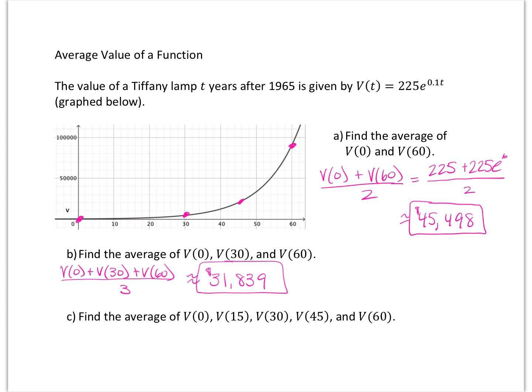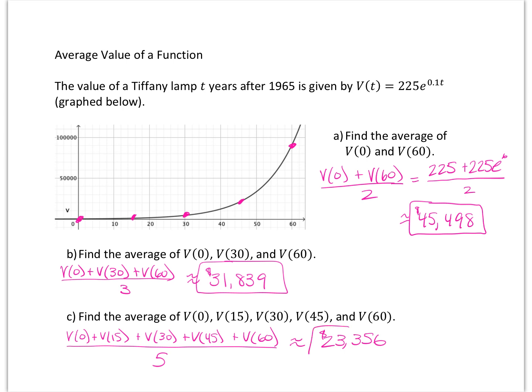So I would do v of 0 plus v of 15 plus v of 30 plus v of 45 plus v of 60, all divided by, not 2, I'm going to divide by the number of numbers I'm adding, 1, 2, 3, 4, 5, divided by 5. And that gives me approximately $23,356 as the average value of the lamp over these 60 years.